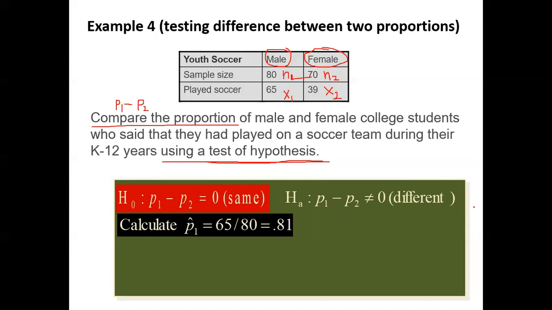But before we test the statistic, because the formula for the difference between two proportions has the value of P hat, we need to find the value of P hat first. How to get the P hat here?